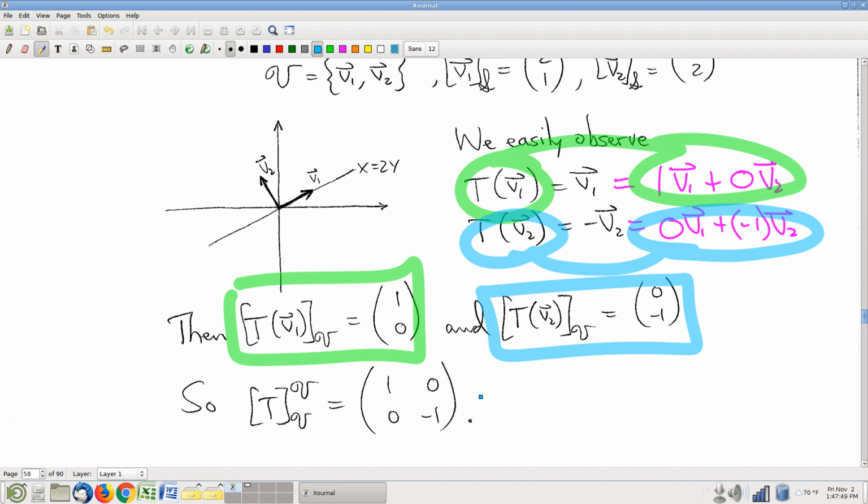How do I write that in the language of not the standard basis? We decided the standard basis is hard, right? But can I represent this linear transformation now with respect to the script V basis? Well, sure. The images of those V basis vectors in the language of the V basis, those images are those two columns that we computed above, and so easy matrix.